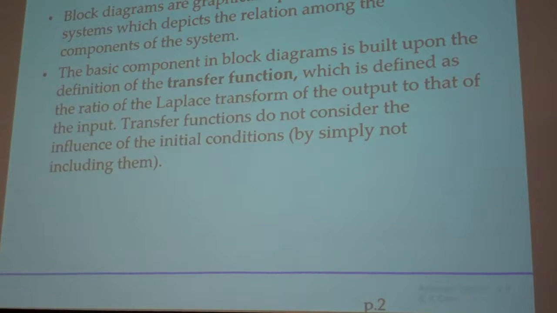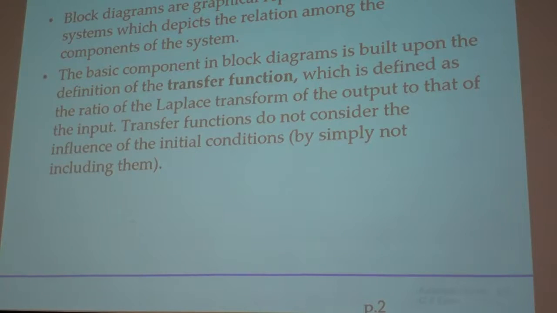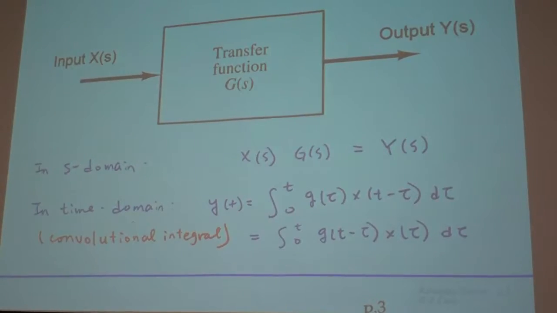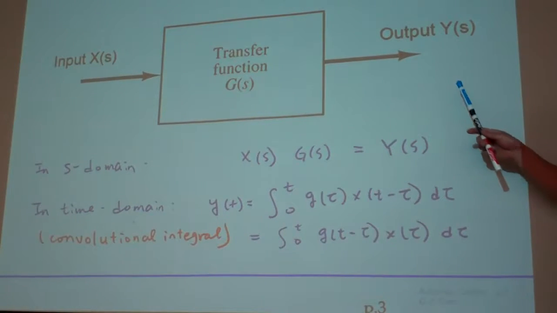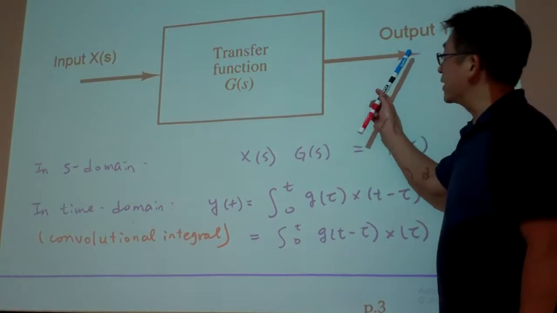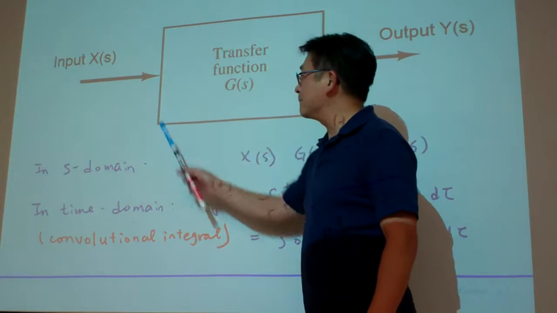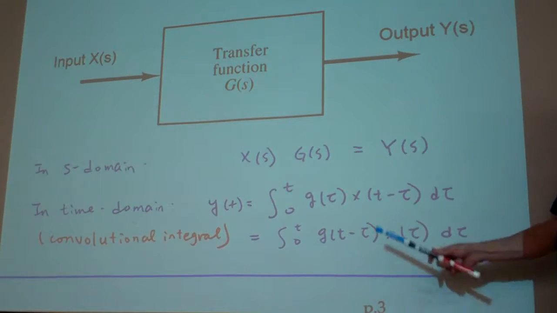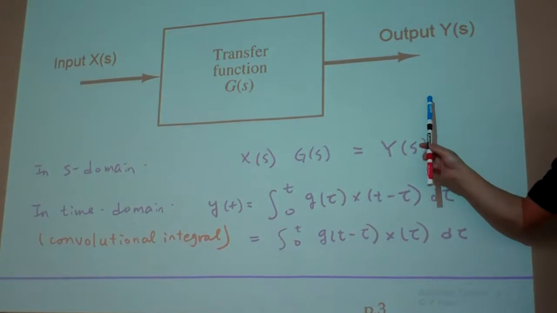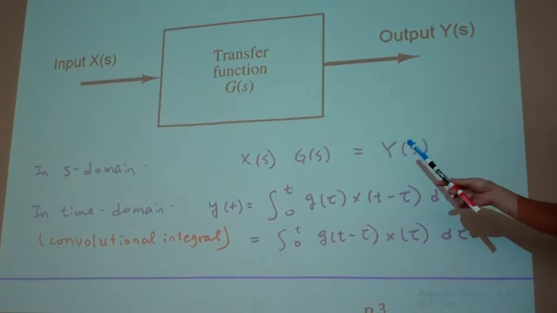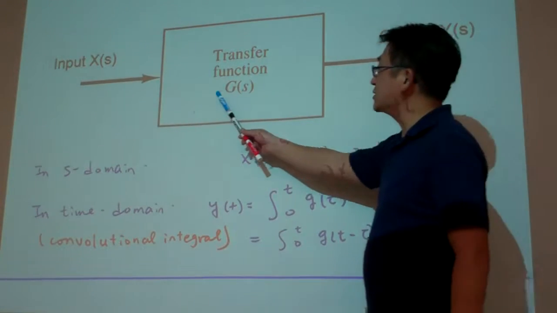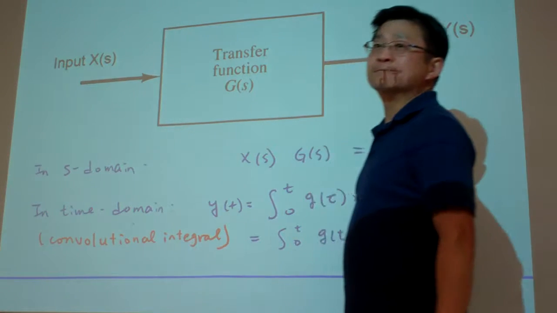system. The block diagrams are based upon the transfer functions, and from here you can see we have introduced the transfer functions. Basically, transfer function is the relation between the output and the input. And this is the graphical representation of the algebraic equation, Y equal to G times X. That's it.